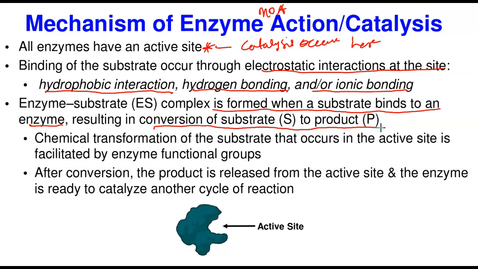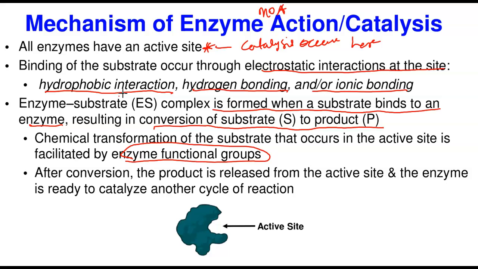At the moment the enzyme binds to the substrate through the active site, it does a series of chemical reactions and converts the substrate, which is S, to product P. Now, chemical transformations of the substrate that occur in the active site are facilitated by the enzyme functional groups. The enzyme itself has the functional groups that are involved in this interaction. It is at those functional groups that it interacts with the substrate through hydrophobic interaction, hydrogen bonding, and or ionic bonding.